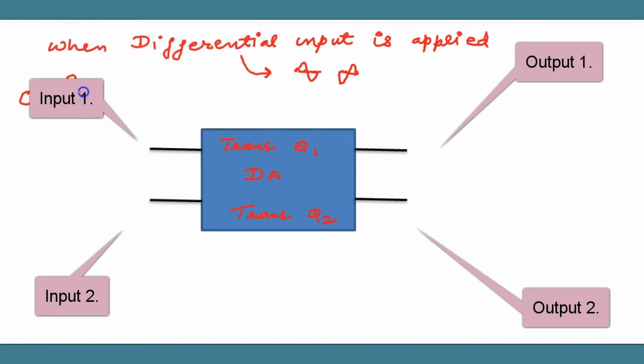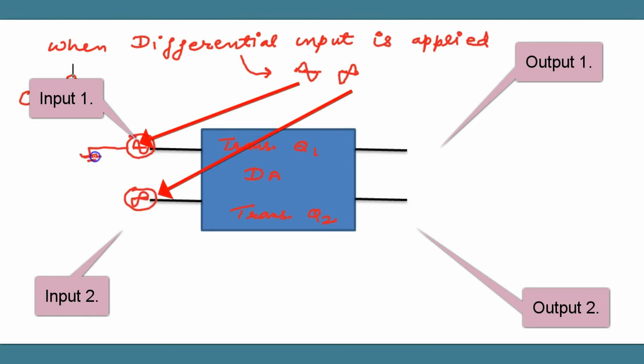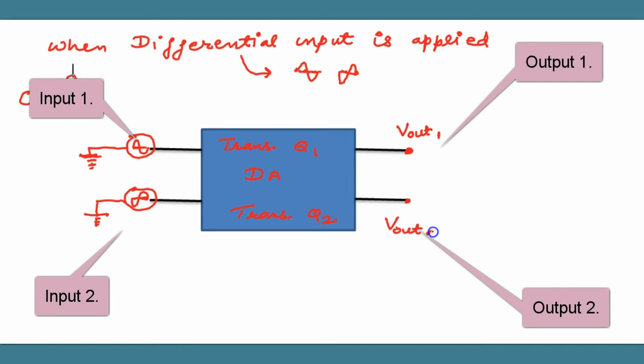Let me discuss the case number 2. Now both the differential signals are applied at both the inputs, input number 1 and input number 2. Now the output Vout1 and Vout2.